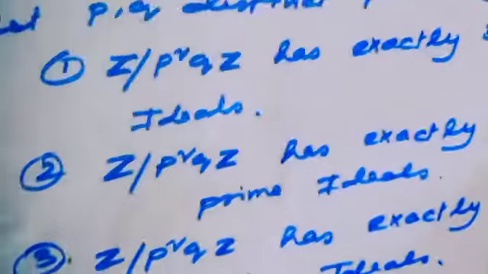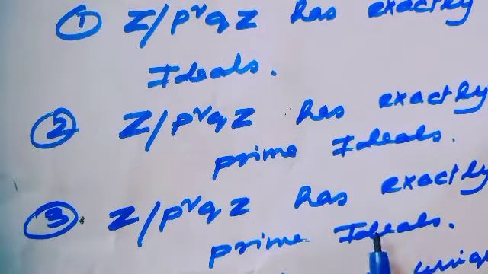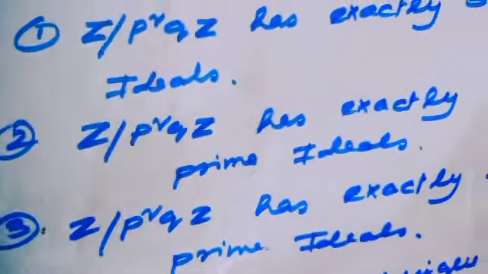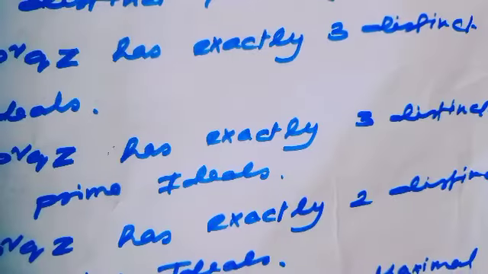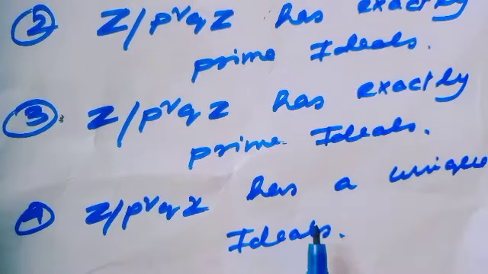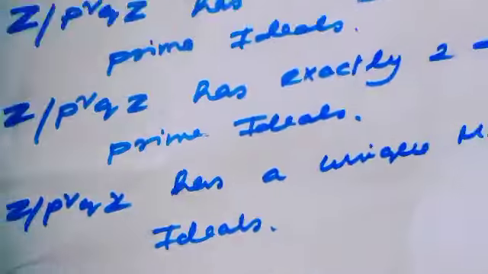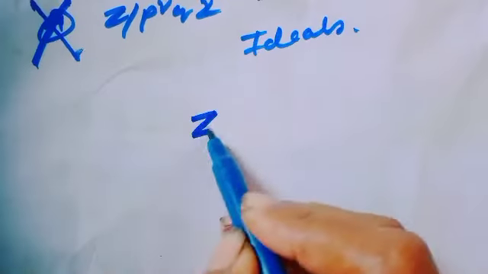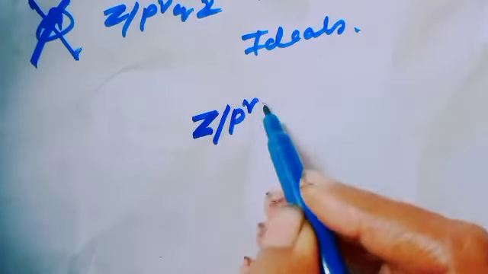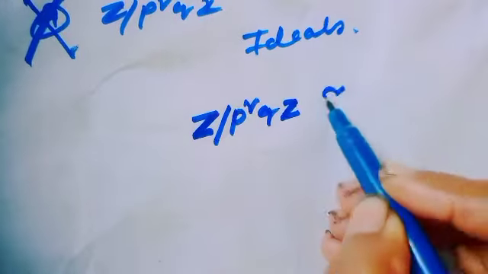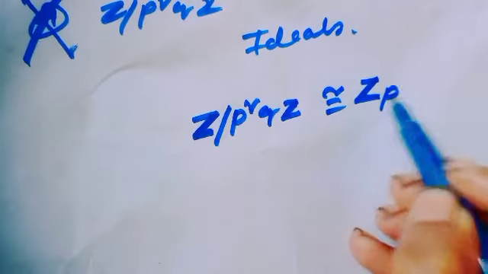Option 3: ℤ/p²qℤ has exactly 2 distinct prime ideals. And option 4: ℤ/p²qℤ has unique maximal ideal. Actually, the ring ℤ/p²qℤ is isomorphic to ℤ_{p²q}.